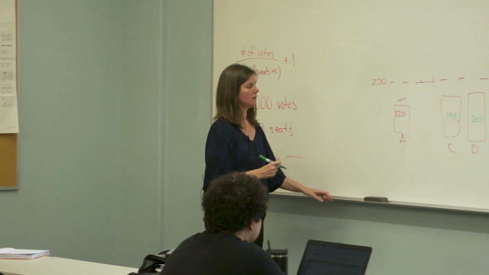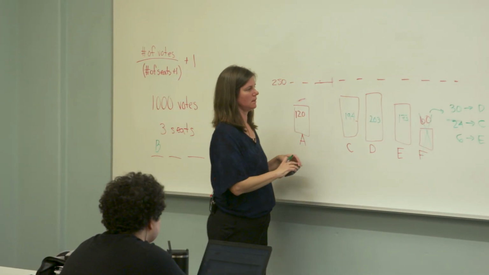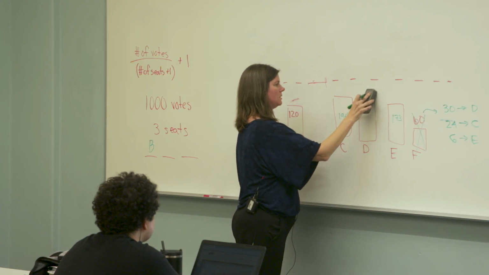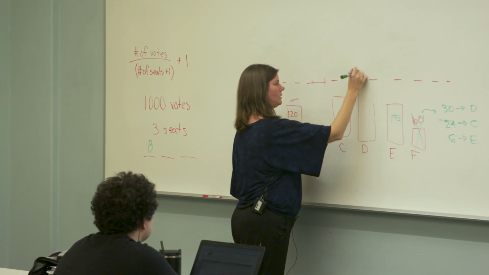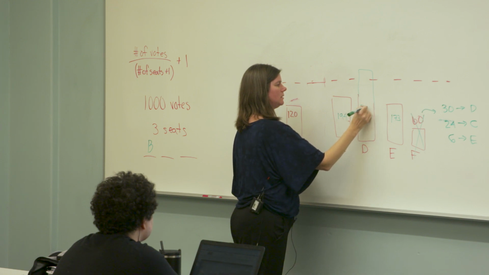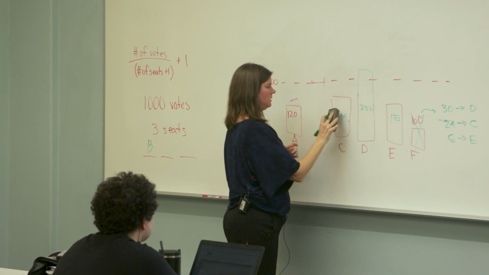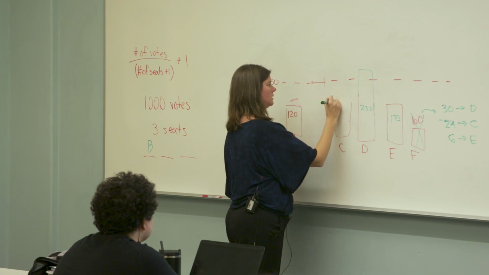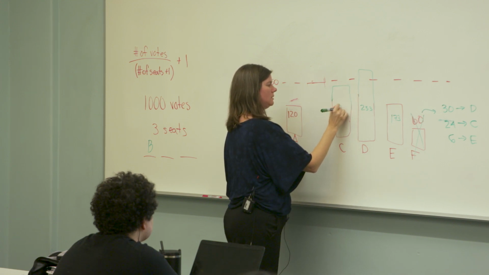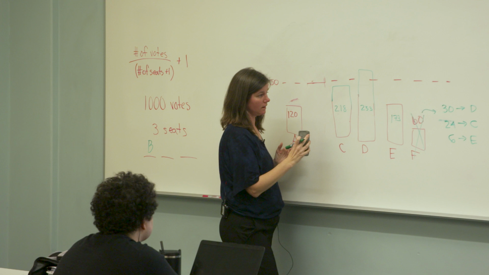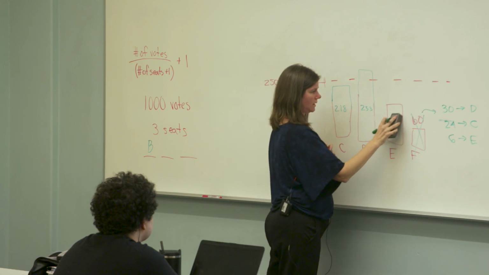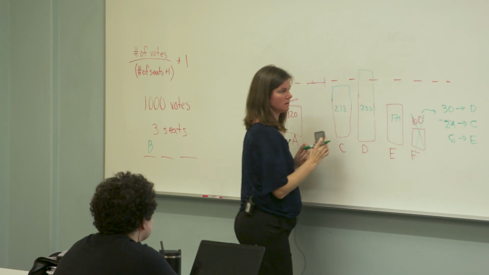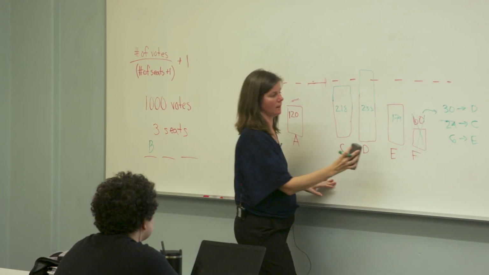So then D is at 233. C is close, 218. E, 179. And then F is gone.